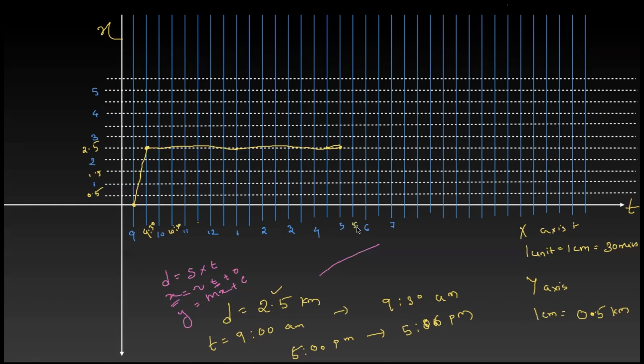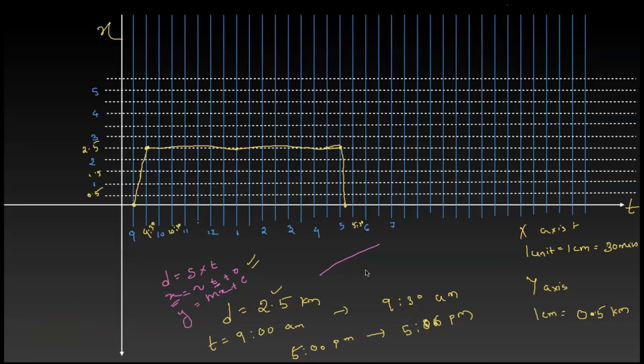If this is 5:30, then 5:06 will be somewhere over here, and she reaches home along a straight line again. So the graph will be like this and like this.